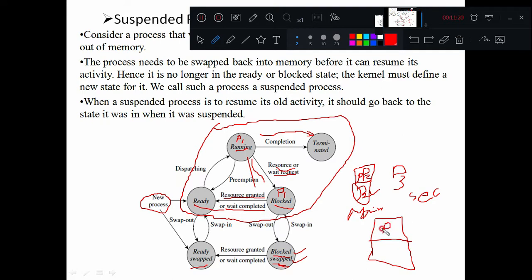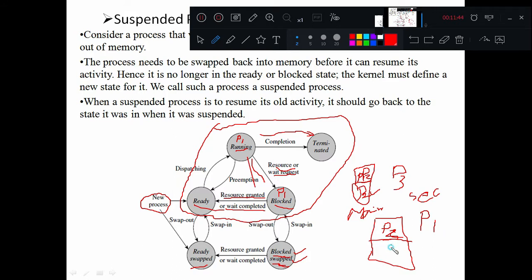Let us say this is P2, and sorry, this is P3. Let us assume P2 has finished its execution, then P2 will be removed from the main memory. Once P2 is removed, space is left in the main memory to accommodate one more process. Now which process is swapped in? The process which was swapped out, which was P1.